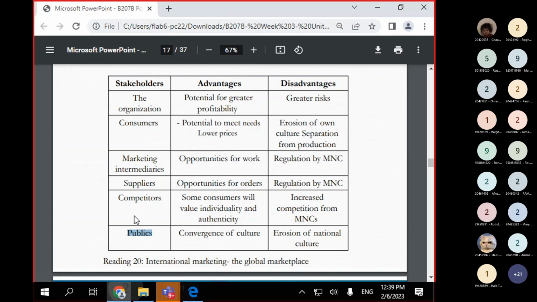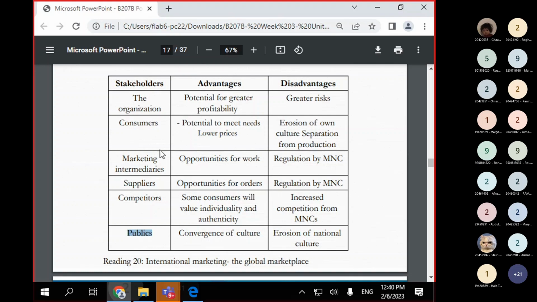It's true that these are external to the organization, but you might have a little bit more control over these than the macro environment. The macro environment, you have zero control over it. You might be able to find your way through those factors, but here you could have some control over these stakeholders.